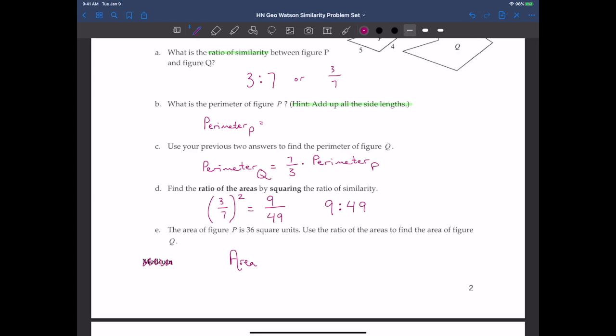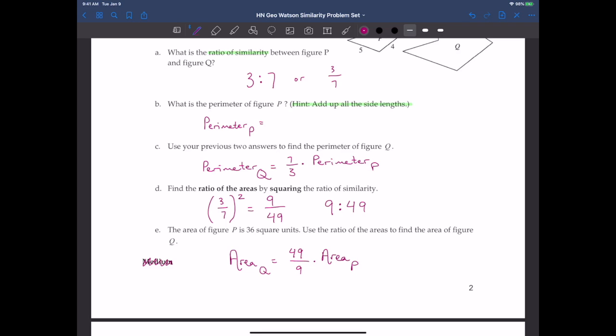The area of figure Q is equal to 49/9 multiplied by the area of figure P. And we know that because we know that the ratio of the areas is 9 to 49.